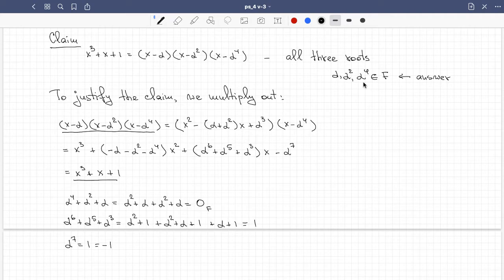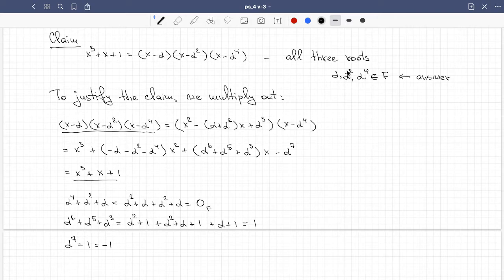Elements of this field, because this is a degree 3 polynomial, are classes of degree 2, 1, and 0 polynomials. This alpha, alpha squared, alpha to the 4 are among them, but it would be a much lengthier and more annoying way to write alpha and the others as these polynomials.